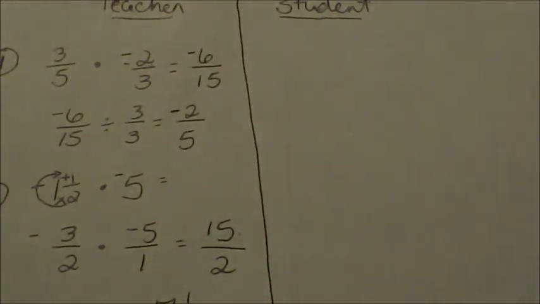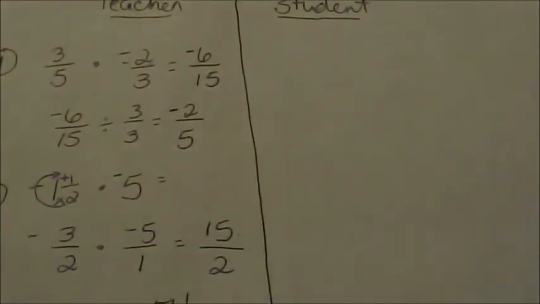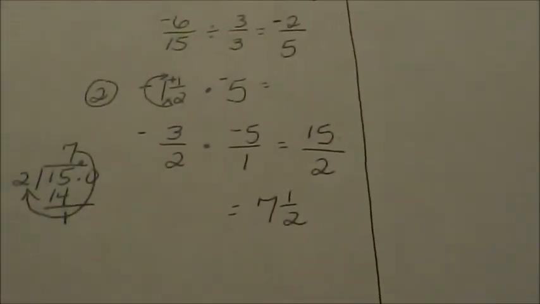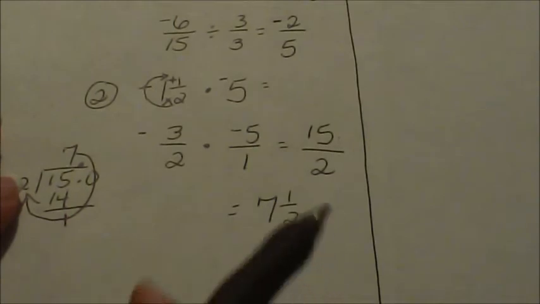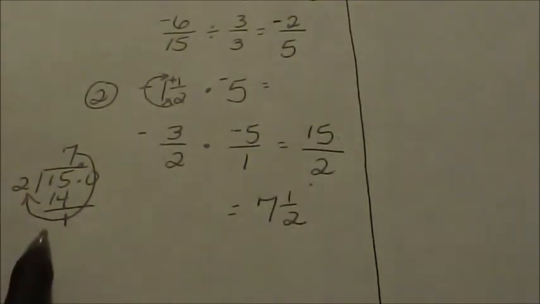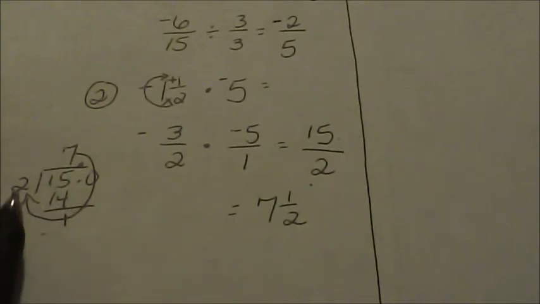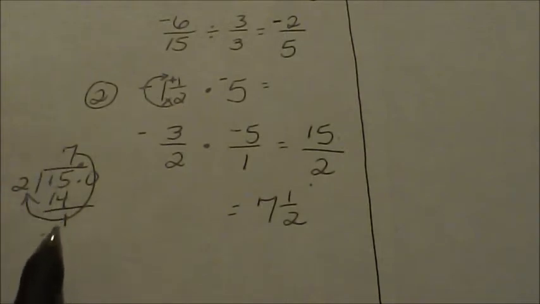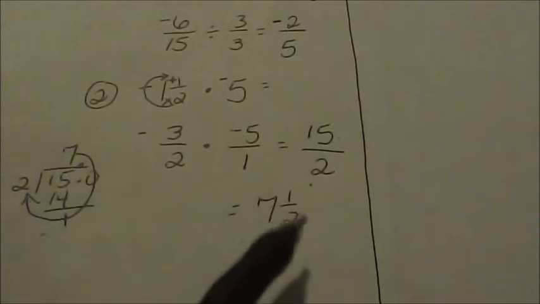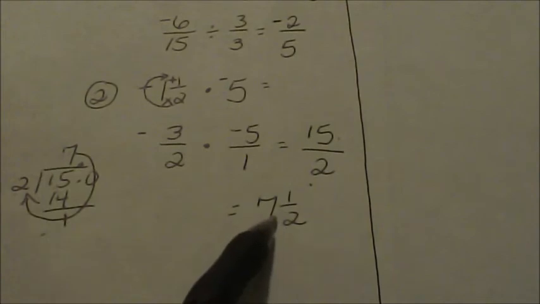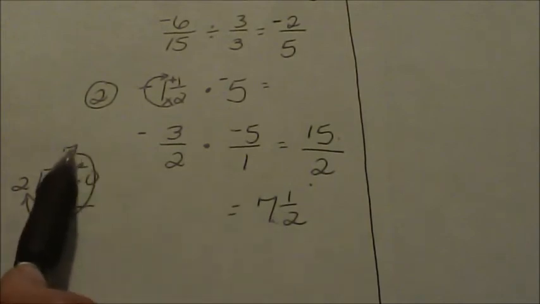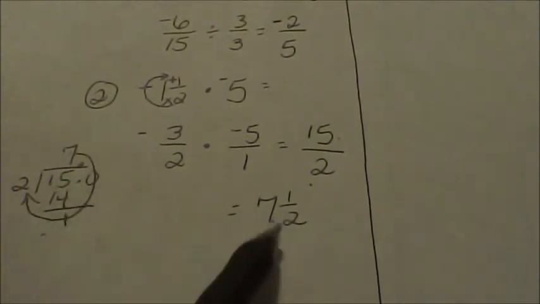So notice I took my 15 over 2, I came over here and I did the division. 15 goes under the division bracket, 2 on the outside. So 15 divided by 2 is 7, and I had 1 left over. Again, I'm just going to leave my answer as a mixed number rather than a decimal. That's 7 and 1/2.